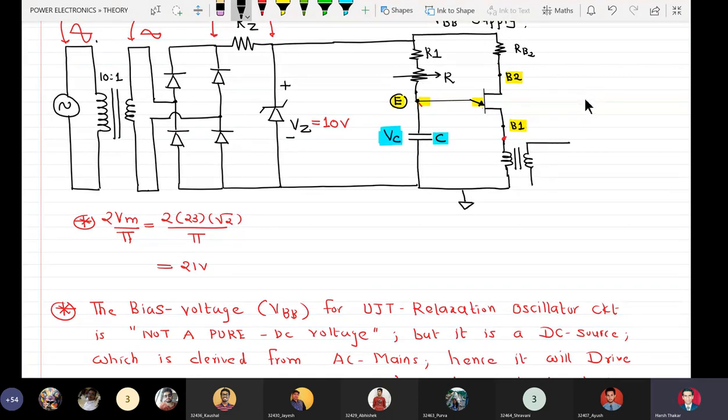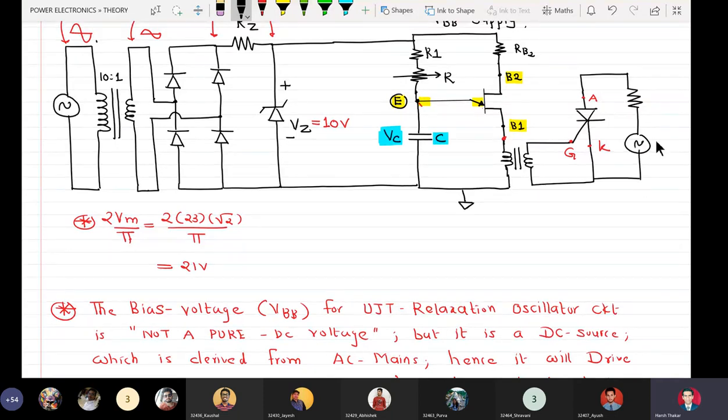Here I have my SCR. Gate, cathode, anode, load resistor, and we can have an AC mains here.